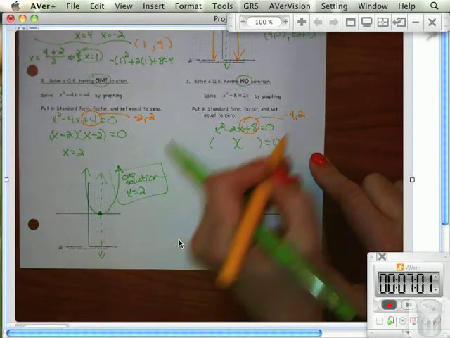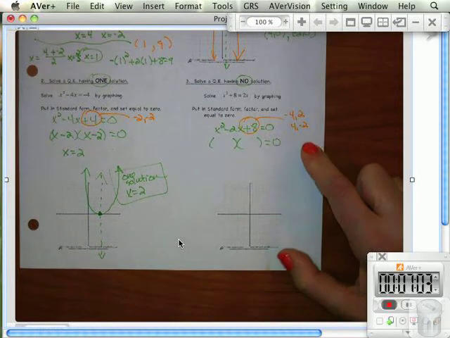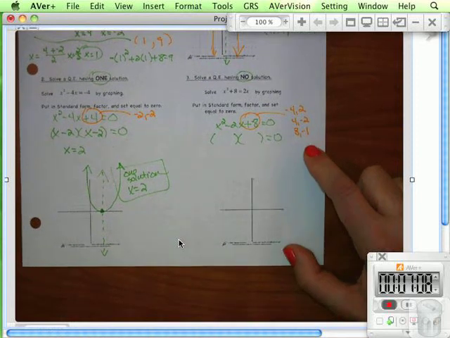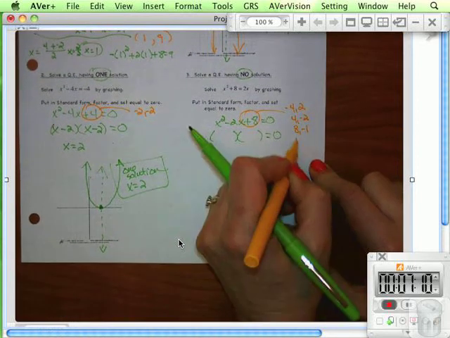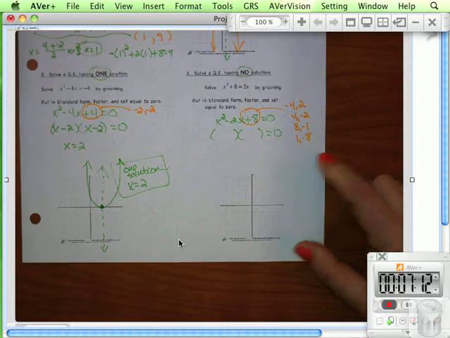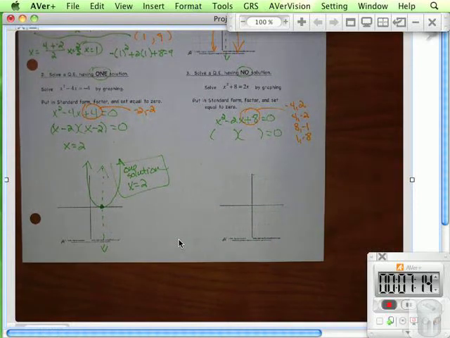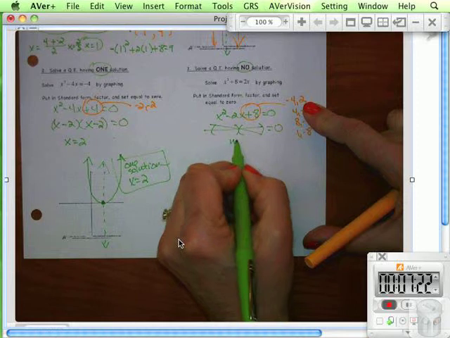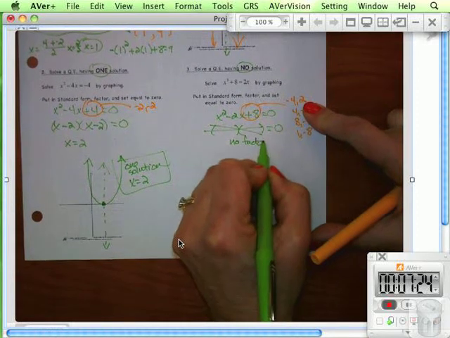What if we did 8 and negative 1? Does that work? What if we did 1 and negative 8? That's all the factors of 8. Are there any factors that work here? No. So that means there are no factors. You can't do it.